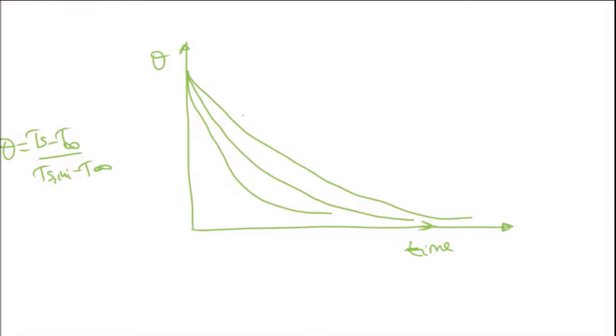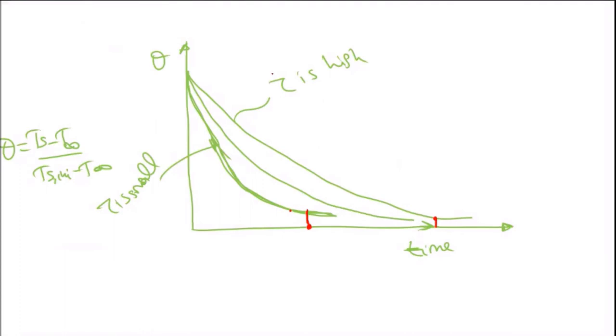This one means tau is high. This one means tau is small. If tau is small, you see that the system reaches its steady state value at a small time value. For this curve, the time constant is somewhere around here, but for this one, the time constant is somewhere around here. This system reaches its steady state faster than that one.